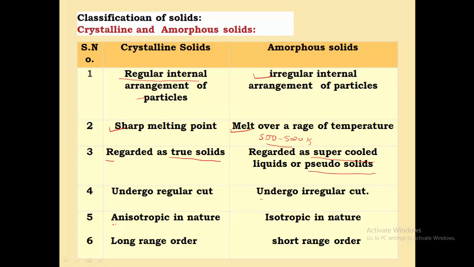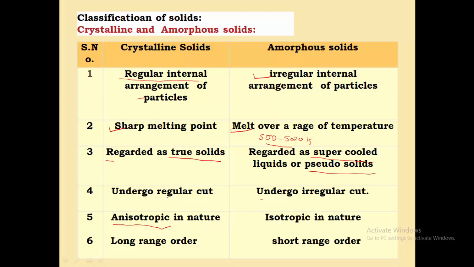Crystalline solids are anisotropic. Anisotropic means the physical property values are different in different directions, such as thermal conductivity, electrical conductivity and refractive index.